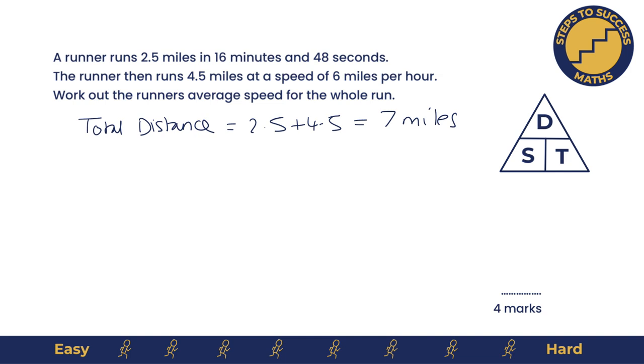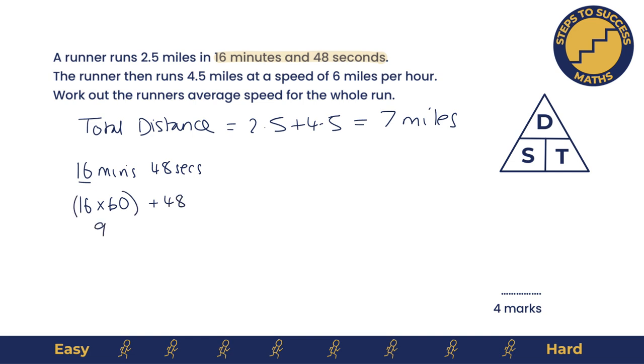And then we need to work out the total time. Well, we know the time for the first part, although we know it in minutes and seconds, and we really would like it to be in hours. So first of all, let's change 16 minutes and 48 seconds into hours. Now, I find it easiest to do it into seconds first. So I've got 48 seconds and then I've got this 16 minutes. So if I times 16 by 60 and then add on my 48, I'll find out how many seconds it is.